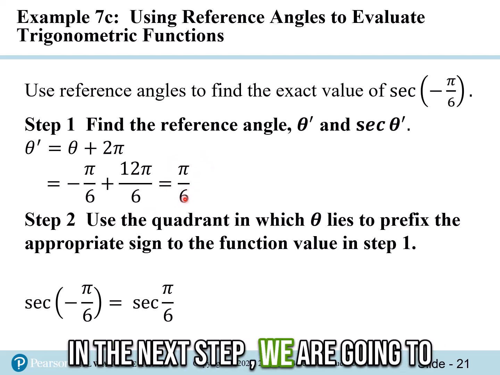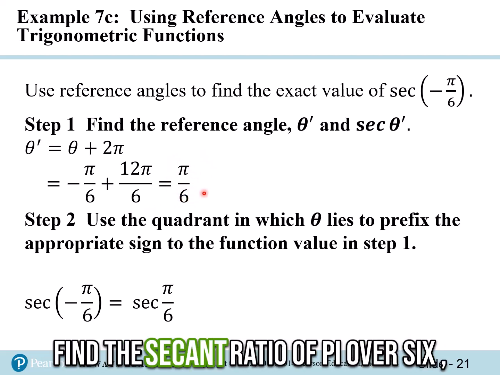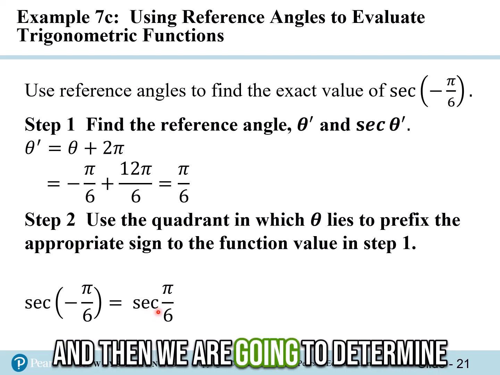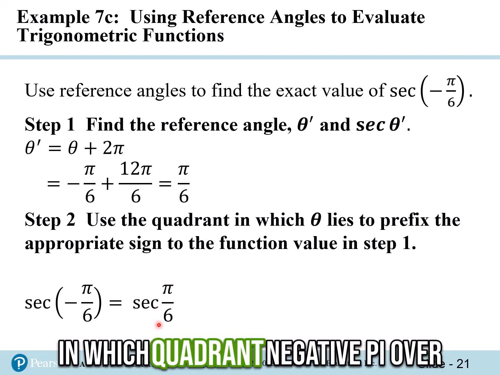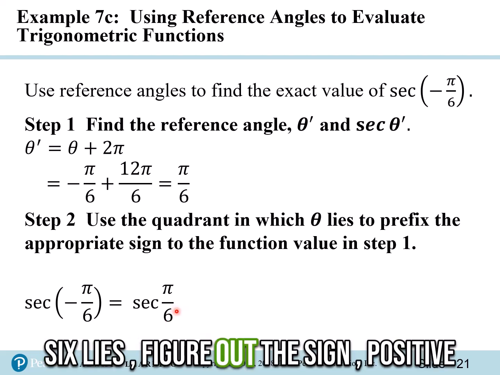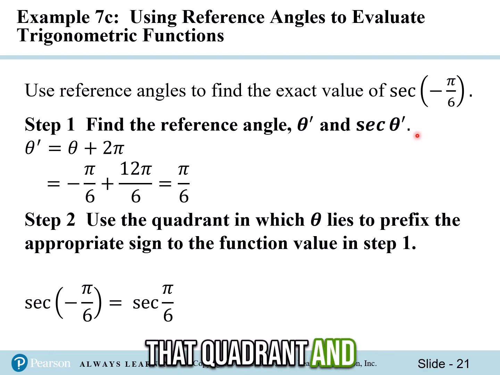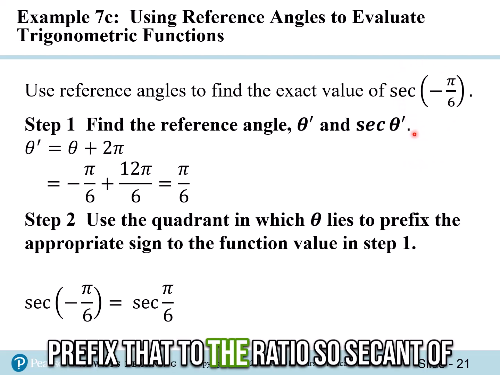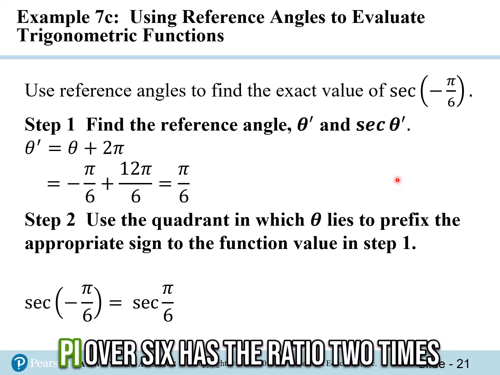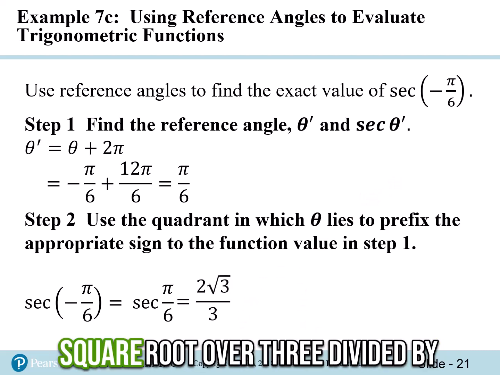In the next step, we are going to find the secant ratio of pi over 6, and then we are going to determine in which quadrant negative pi over 6 lies, figure out the sign, positive or negative, that goes with secant in that quadrant and prefix that to the ratio. So secant of pi over 6 has the ratio 2 times square root over 3 divided by 3.